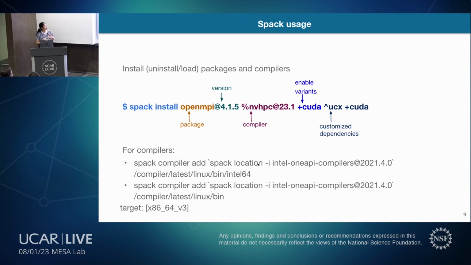This is for both packages and compilers. But for compilers, there is an extra step, because we need to tell the system that this package is not normal, it's a compiler. So we need to add the compiler's information into the Spack YAML file to tell the system that this is a compiler.